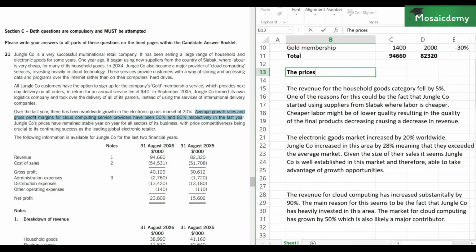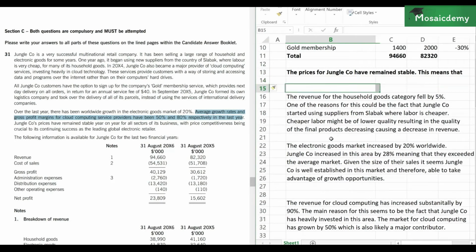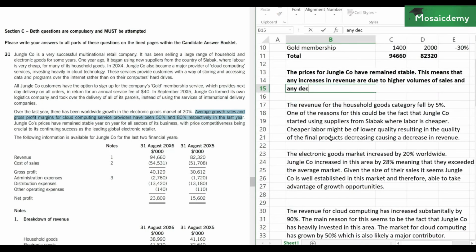The prices for Jungle Co have remained stable. This means that any increases in revenue are due to higher volumes of sales, and any decreases in revenue are due to lower volumes of sales, right?